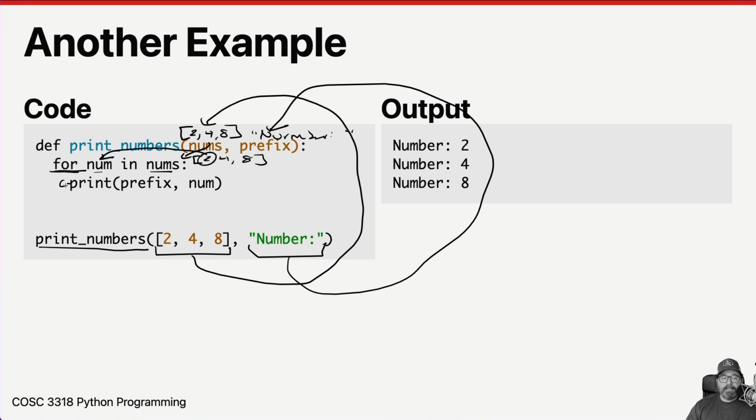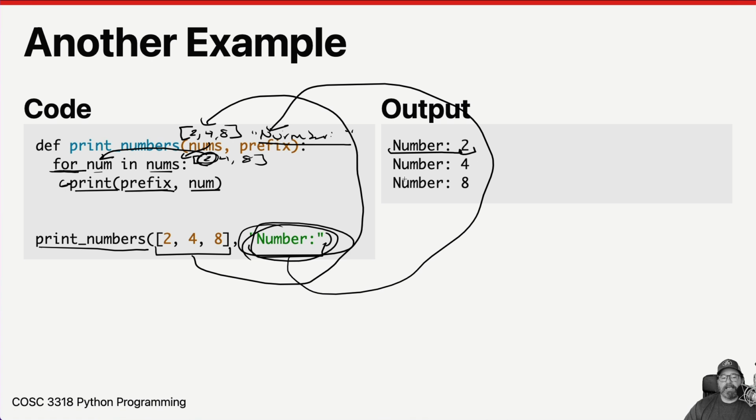It goes into its for loop, and it prints prefix. What was prefix? That's the value, the string here, number, which came from the second argument we passed in, number. So we print prefix, and that prints out this part right here. And then we print num. And what's the value of num on the first loop? It's that first entry, 2.